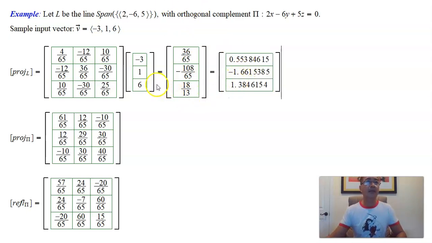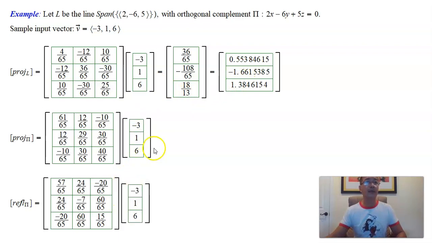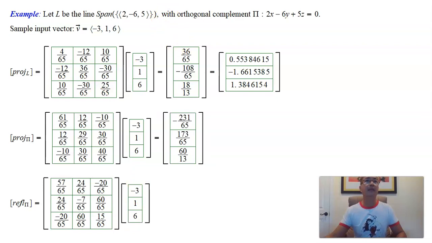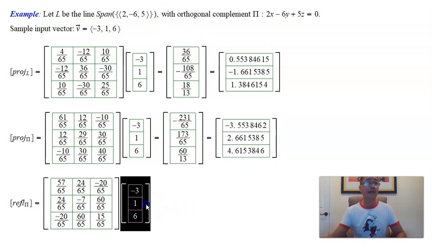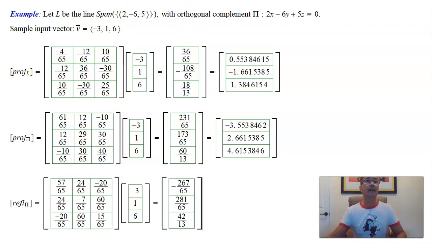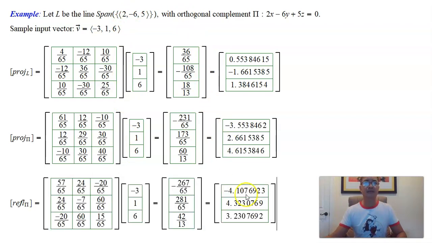Now how about the other 2? Let's copy, and we get that, and lastly this, and that. Yeah, they're kind of ugly, but what do you expect? There's 65 in the denominator.